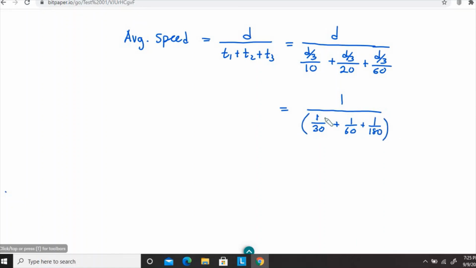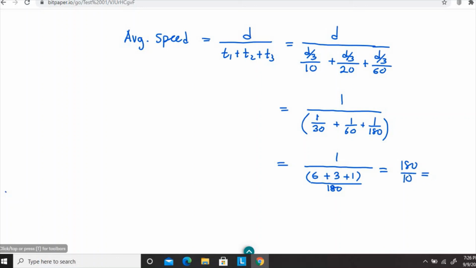Then I just need to simplify this. I'll get a common denominator, 180: 6 plus 3 plus 1. Then I'll get 180 in the numerator, and over here I'll have 10.